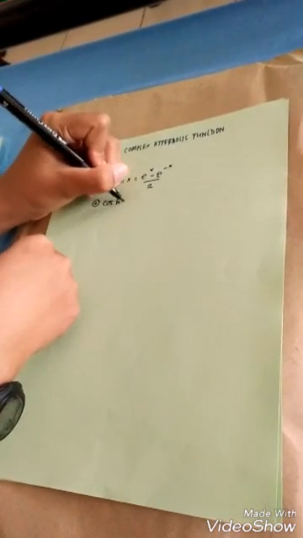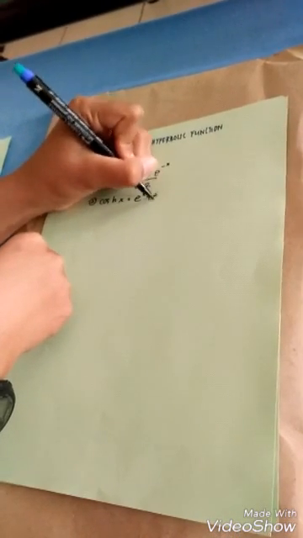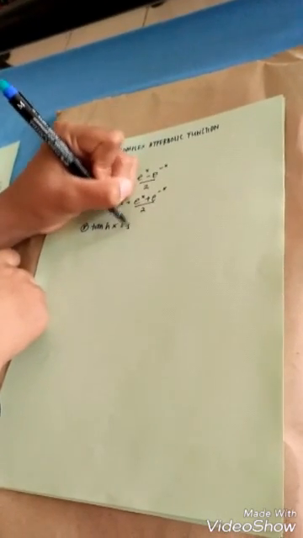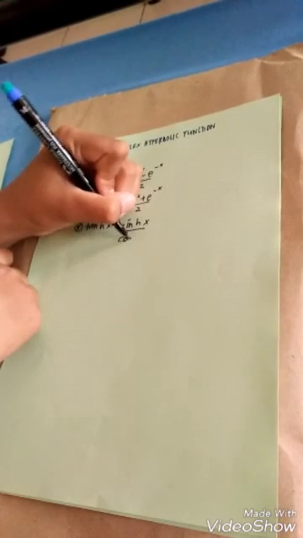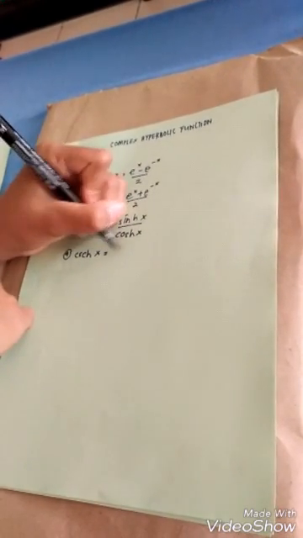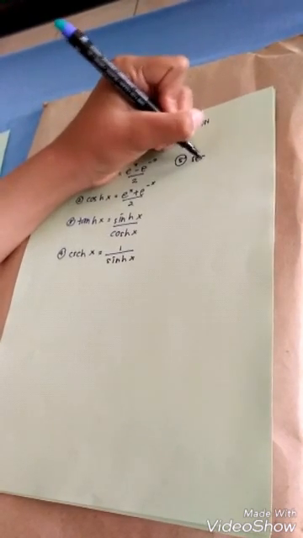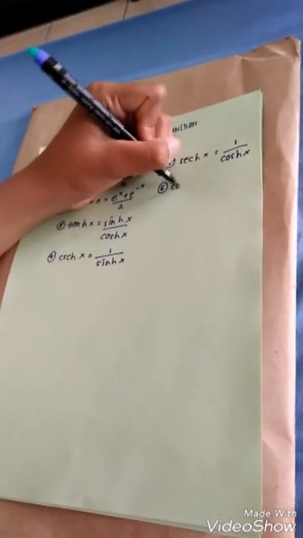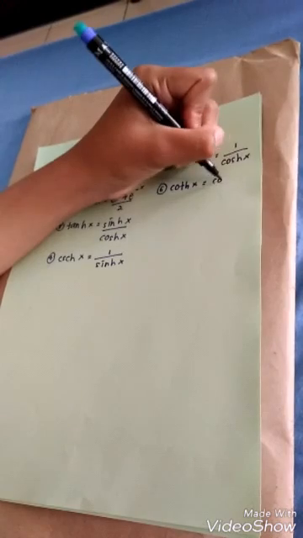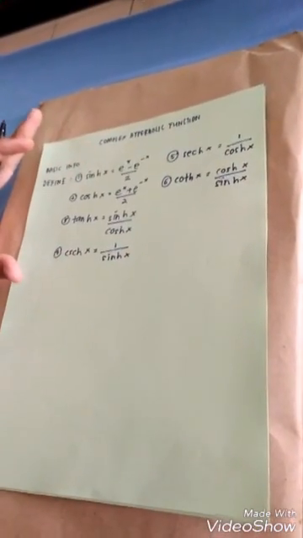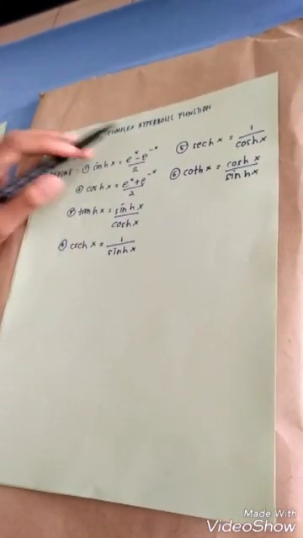Then cosh x equals e^x plus e^(-x) over 2. Tanh x equals sinh x over cosh x. Cosech x equals 1 over sinh x. Sech x equals 1 over cosh x, and coth x equals cosh x over sinh x. Okay, so this is some of the basic info that can be applied in this subtopic.